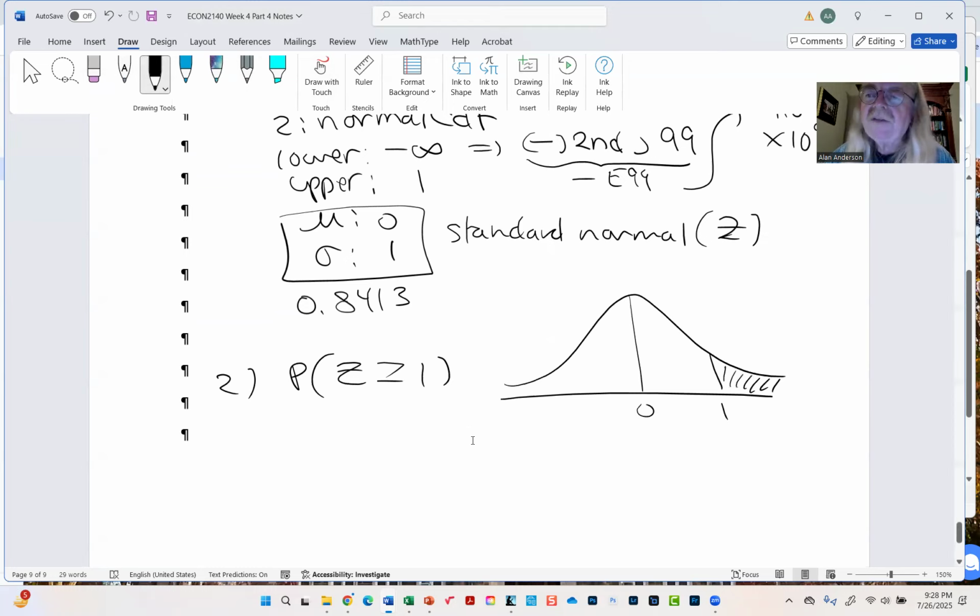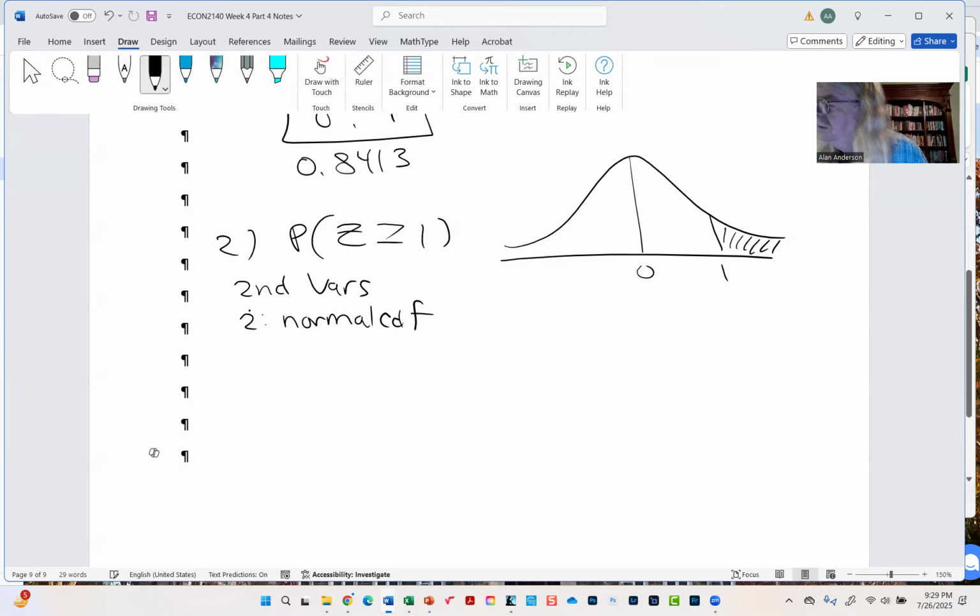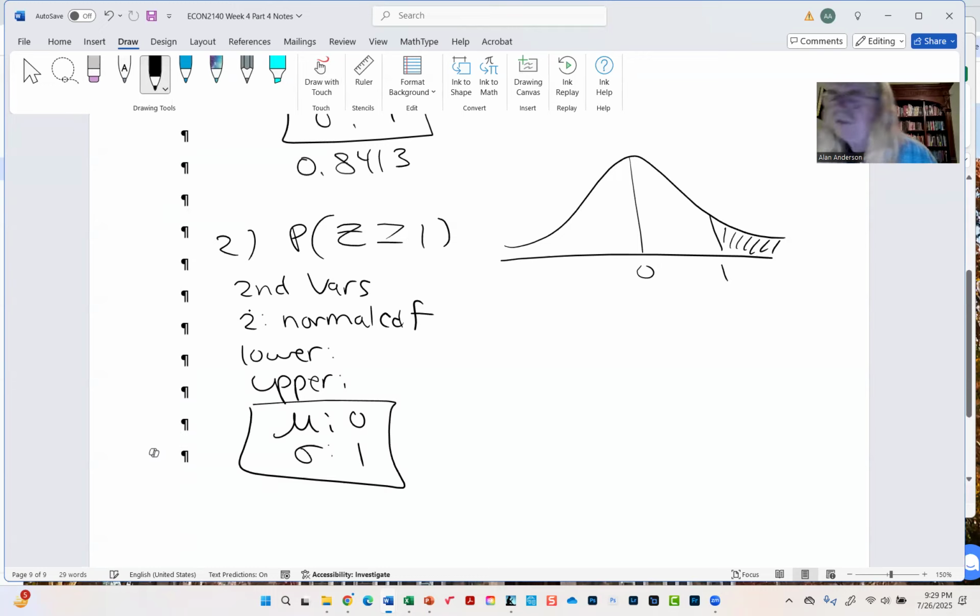Well, all right. Now, you're going to be happy with what I'm going to show you next. With Excel, we would have to do 1 minus norm.s.inv. Here, we don't have to bother with that because here's what we'll do instead. Just change the lower and the upper limits. These you can just leave there. They won't change unless you change them yourself. The lower limit now is 1. The upper is positive infinity.